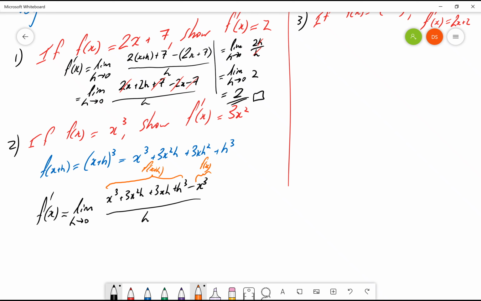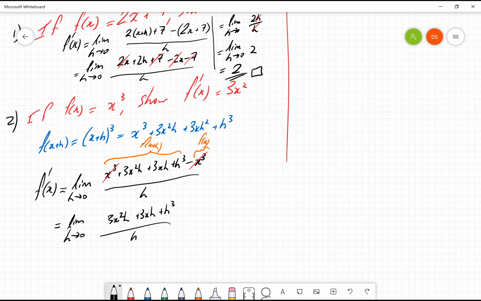Okay? And then what I want you to do is notice that this part here and this part here cancels, and so you've got limit as h tends to 0 of 3x squared h plus 3x h squared plus h cubed all over h.